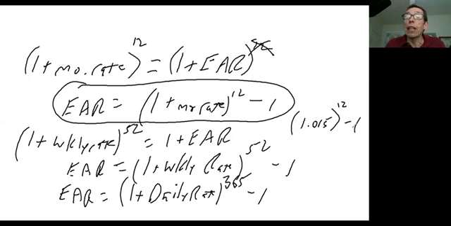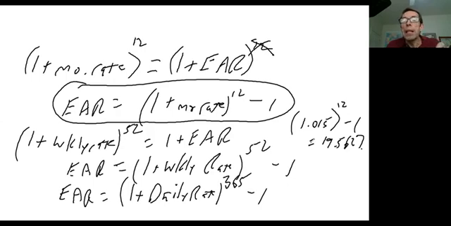That's going to give us our effective annual rate. And that effective annual rate is going to end up being 19.562%. There's more decimals than that, but that's rounding it pretty well there.